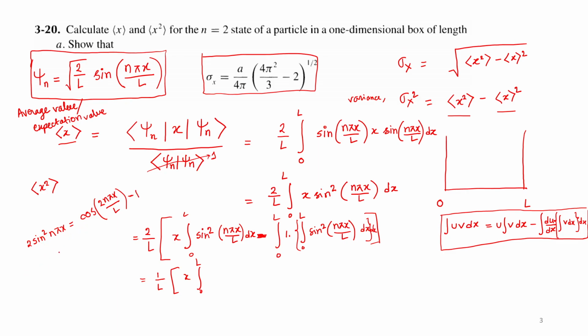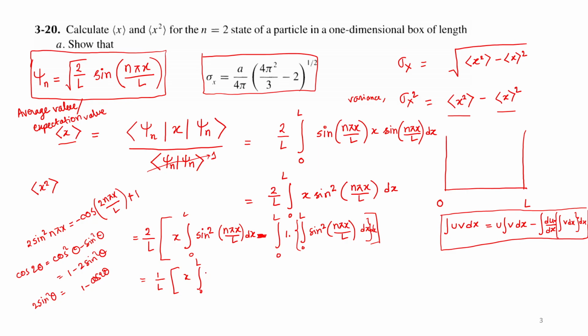I generally forget this. This cos 2 theta is cos square theta minus sine square theta, right? So this is nothing but 1 minus 2 sine square theta. So 2 sine square theta is 1 minus cos 2 theta. So I have made one mistake. It will be plus 1 and this will be minus.